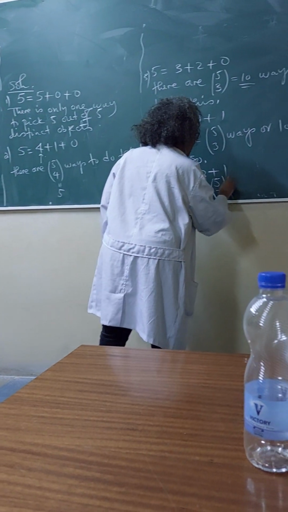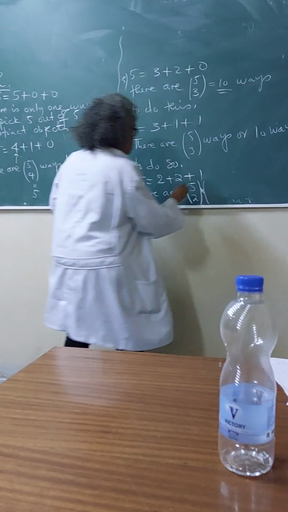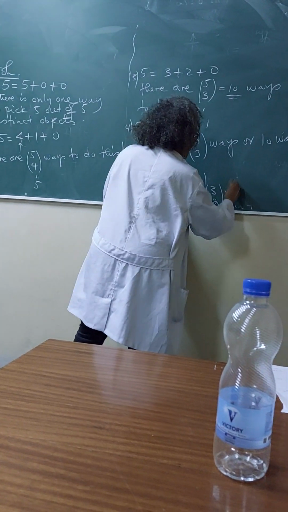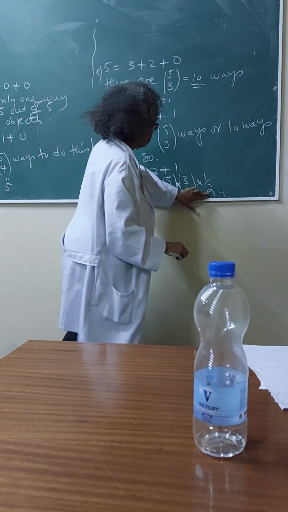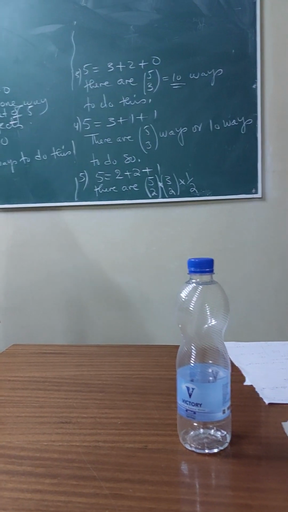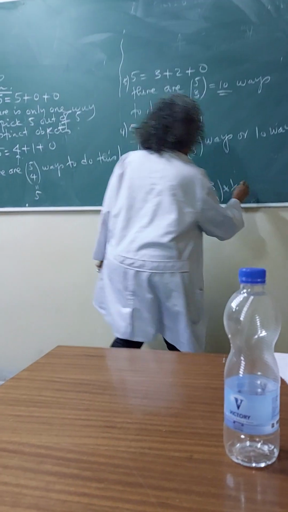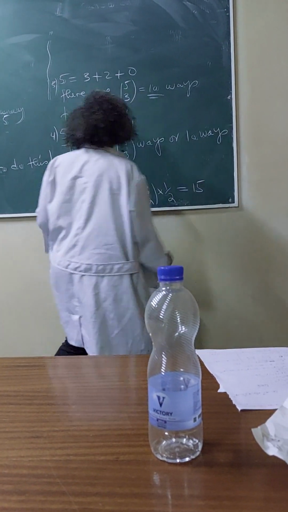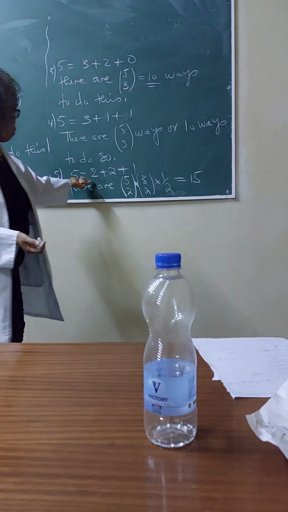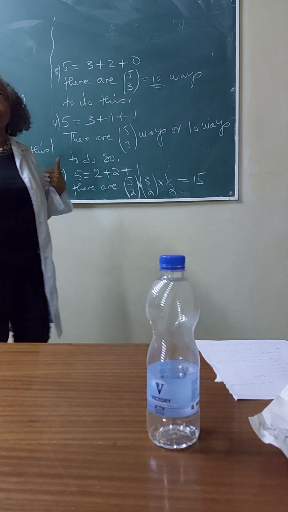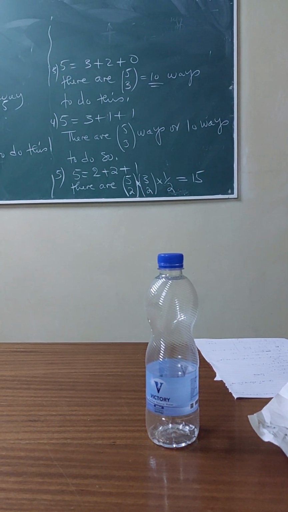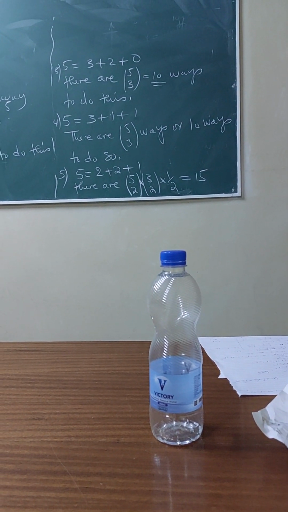So, because this is the product rule, 5 choose 2 times 3 choose 2, and I have to divide this by 2, because the two boxes are interchangeable, so I don't have to count them twice, and this is going to give me 15 different ways. Now, I think there is no other way of forming 5 as a sum of 3 non-negative integers.